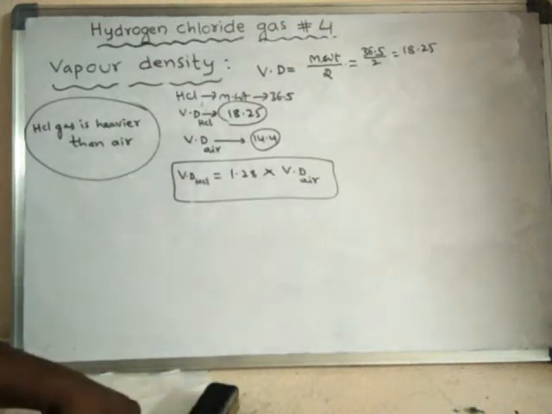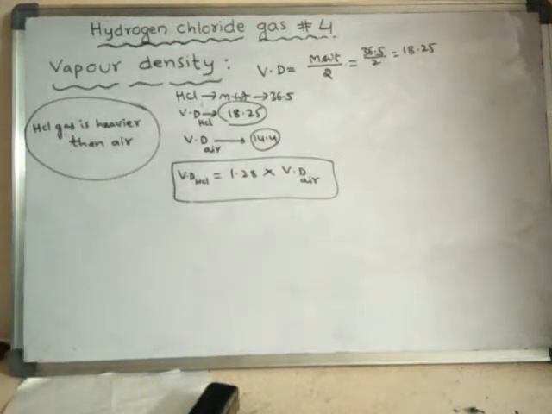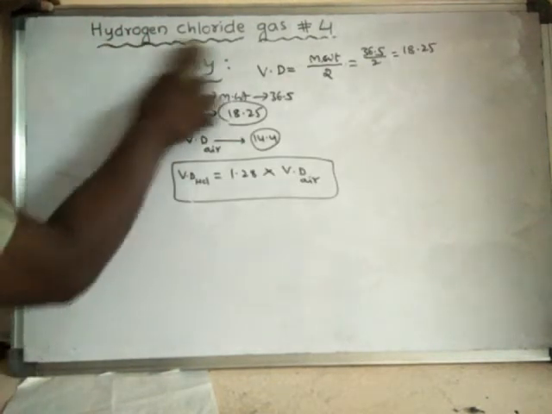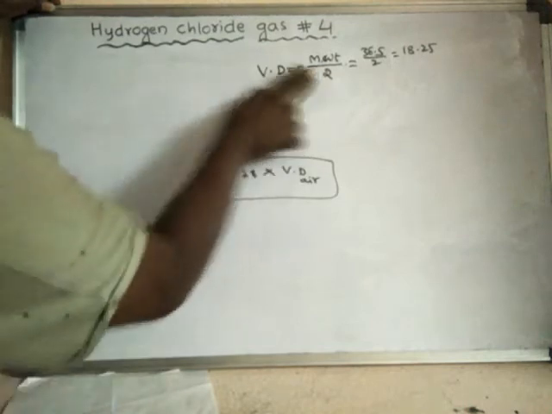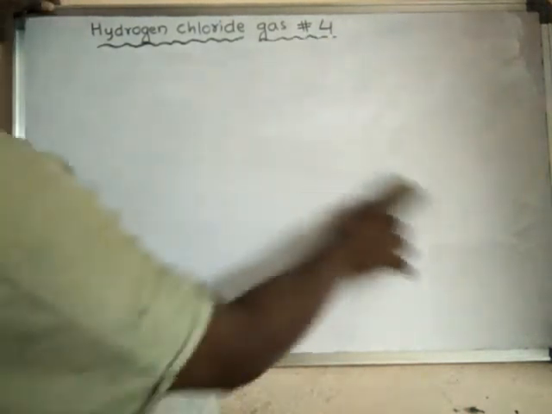So from this it is understood that HCl gas is heavier than air. Okay, we'll learn a small experiment which shows that HCl is heavier than air.